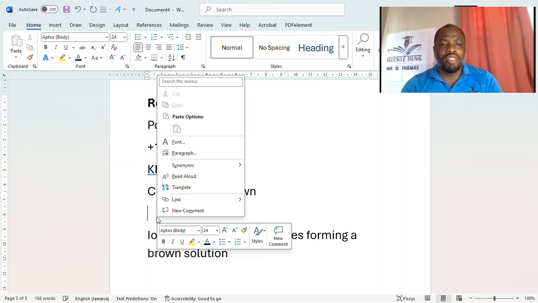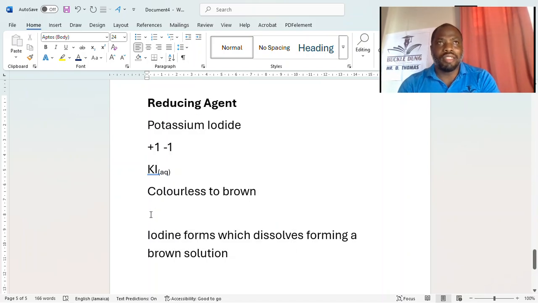Now, say for example, it is reacting with an oxidizing agent, especially something like sodium chlorate or something that has chlorine that is more reactive than the iodide. It's going to take its place. And so what you find is that the iodide is going to be picked off, going back to the atom state.